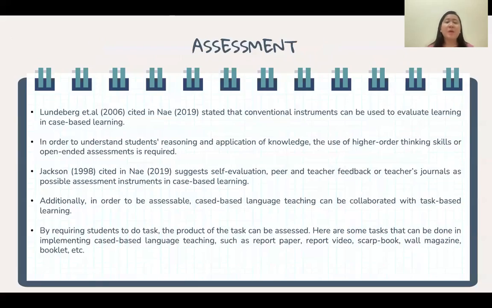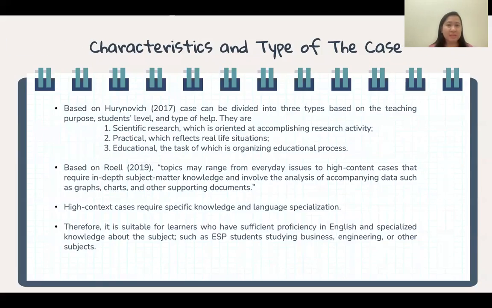So we talk about the characteristic and type of the case first. Based on Hurinovics 2017, cases can be divided into 3 types based on teaching purpose, student's level, and the type of help.